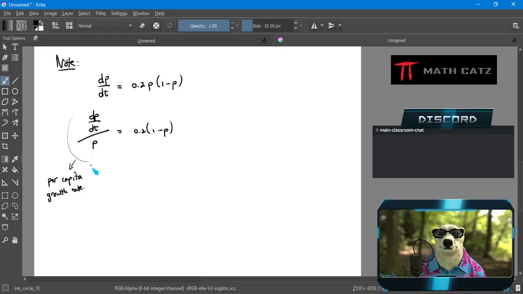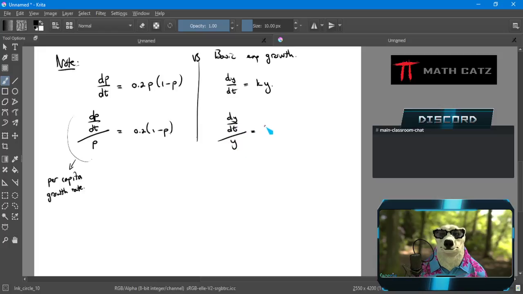The growth rate per person, if you will. If we look at this versus my basic exponential growth model, there we said dy/dt is proportional to just the population size, and the per capita growth rate is a constant.